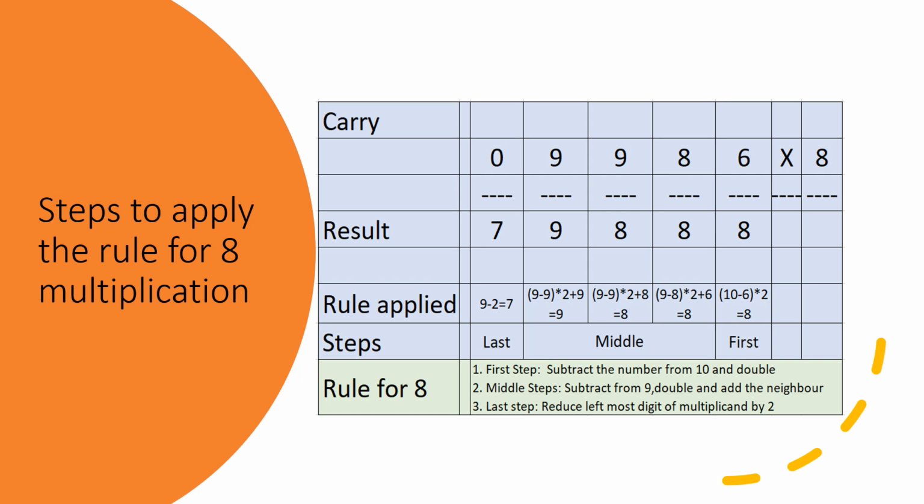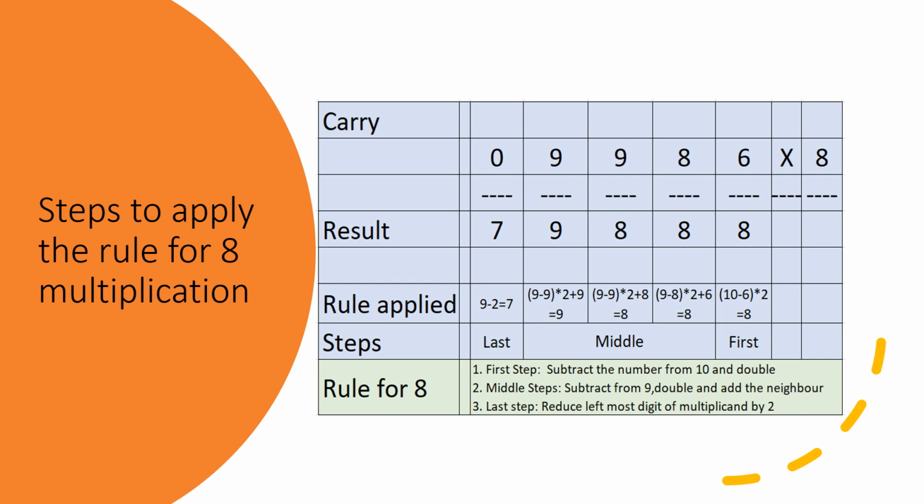Then the middle step: first you subtract from 9 and double, and then add the neighbor. So 9 minus 8 into 2 is equal to 2, plus 6 equal to 8. And the next digit 9: 9 minus 9 equal to 0, into 2, plus 8. 8 is a neighbor, so it is 8.